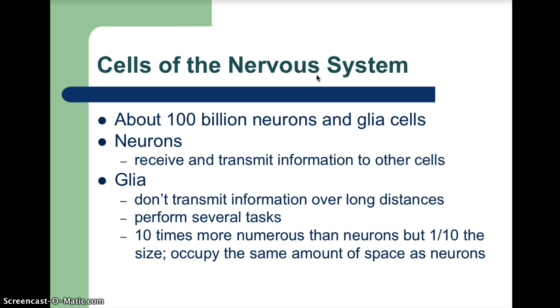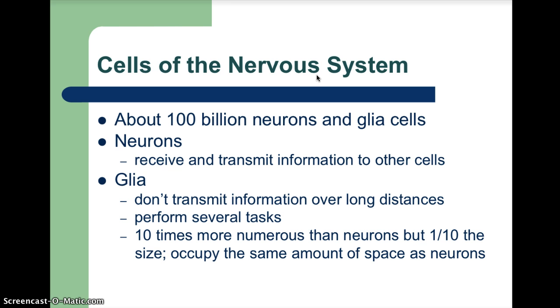So to give you some perspective, we've got about 100 billion neurons and glial cells in our nervous system. If you took a piece of brain the size of a piece of rice, you'd have tens of thousands of neurons in that little teeny tiny piece.